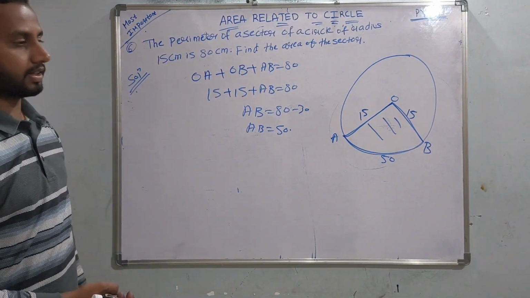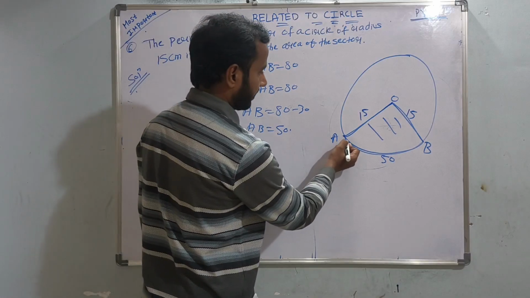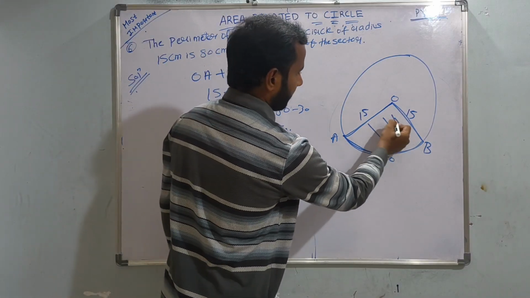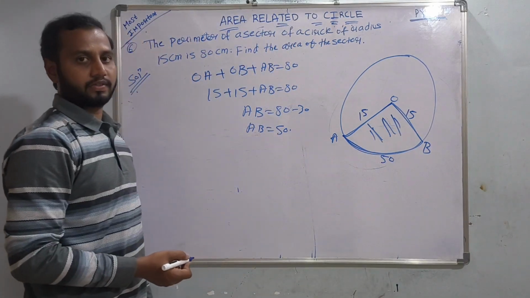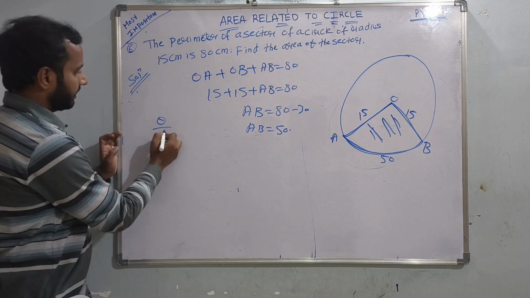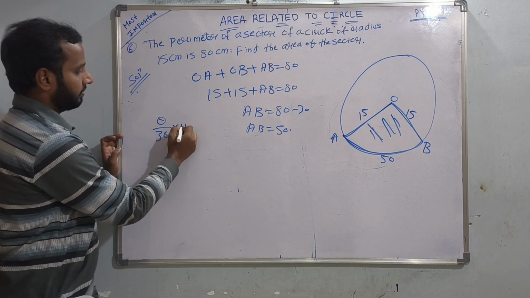Now find the area of the sector. This complete area we need to find. To find the area of the sector, we have the formula theta by 360 into pi r square.